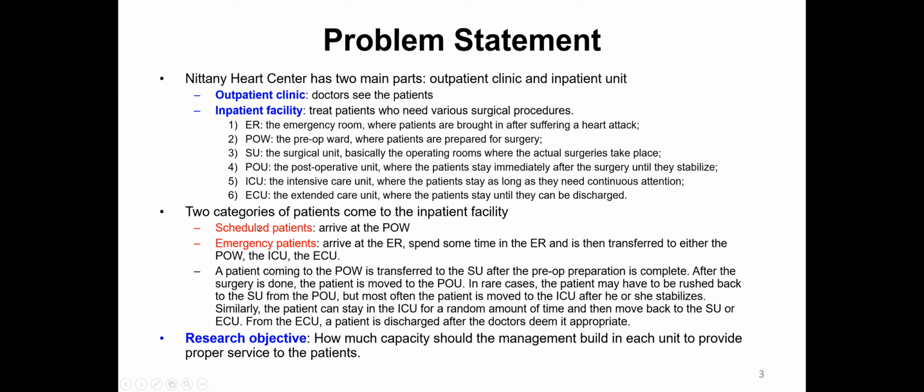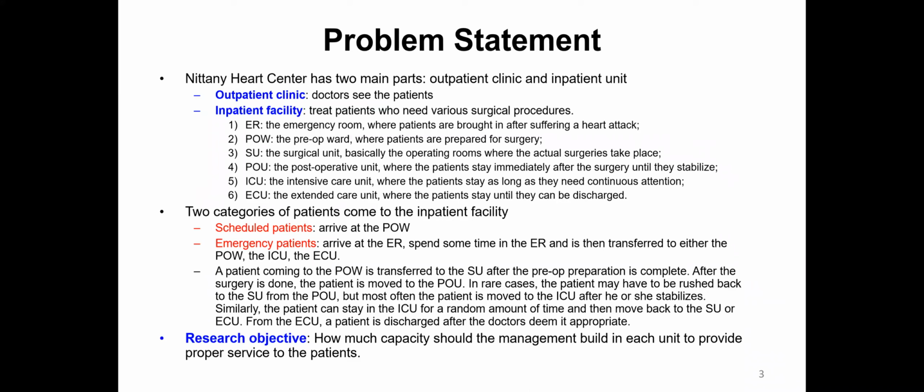Now there are two categories of patients who come to the inpatient facility. The first category is the scheduled patients, who arrive at the POW, the pre-operative ward, because they schedule their appointment for the surgery. So they directly come to the pre-op ward for the preparation.